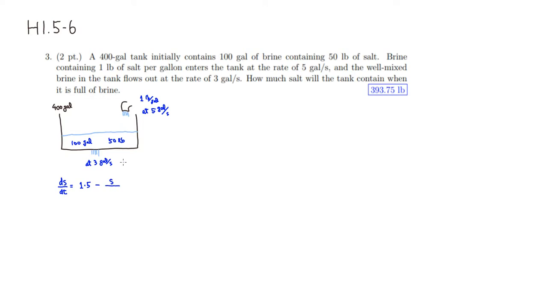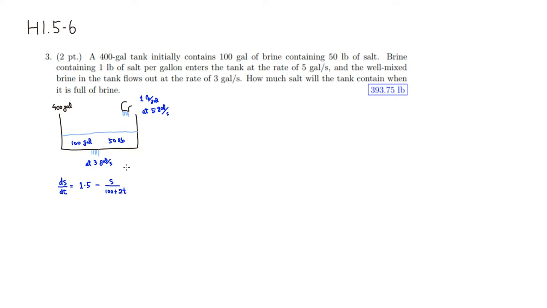You're draining at 3 gallons per second but pouring in at 5 gallons per second, so the difference is 2 gallons per second. The amount of solution is increasing by 2 gallons per second, starting from 100 gallons.